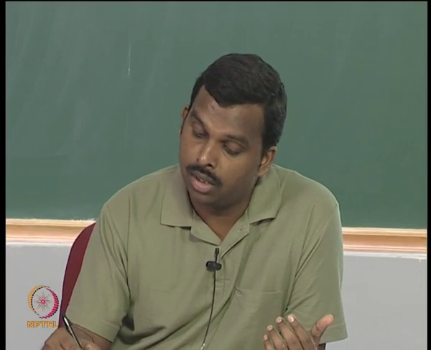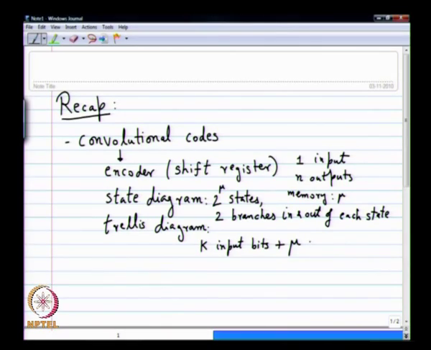For that you need mu termination bits. So the number of output bits will be equal to what? Small n times k plus mu. Is that right? Number of output bits will be small n times k plus mu.